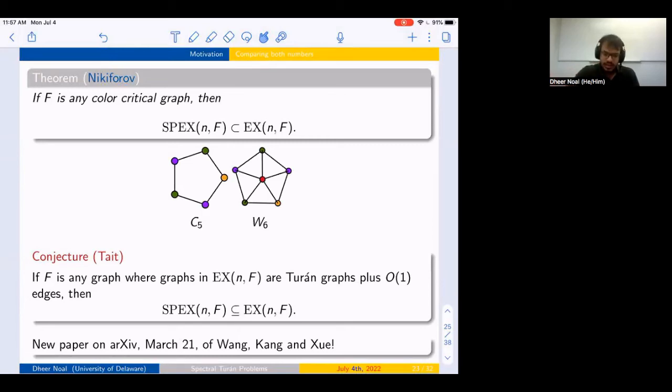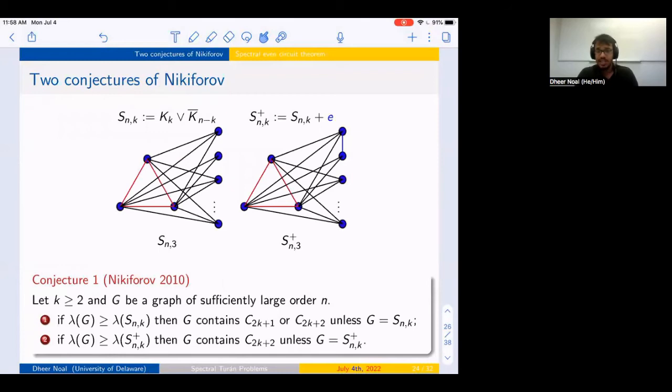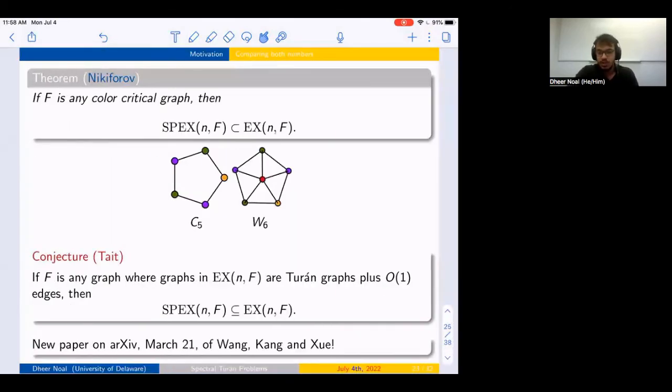And there was a paper in March on the arXiv, which hasn't been published yet, which says this is indeed true. But I haven't checked that. But that's pretty interesting. It would be interesting to see what would happen if we increase this error term. What happens if it becomes linear or something?